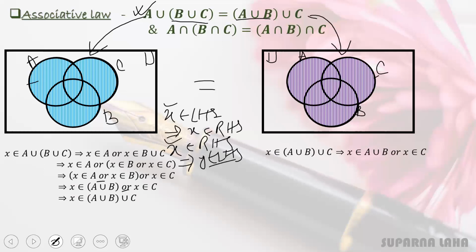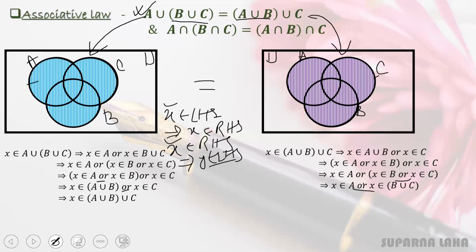So let's solve the next part. Here I'm taking the element X present in A union B union C. So X in A union B or X in C. Again replace this A union B with X in A or X in B or X in C. So X belongs to A or belongs to B or belongs to C. So we can change the pair: X in A or take this pair, X in B or X in C. Now replace this or by union, that is X in B union C, and remaining X in A. Now replace this or by union.